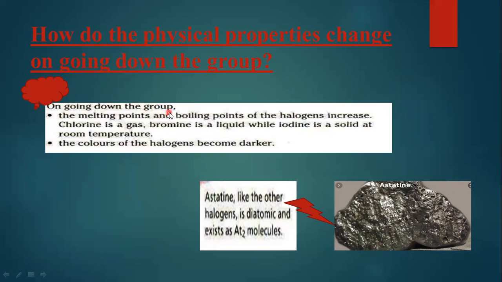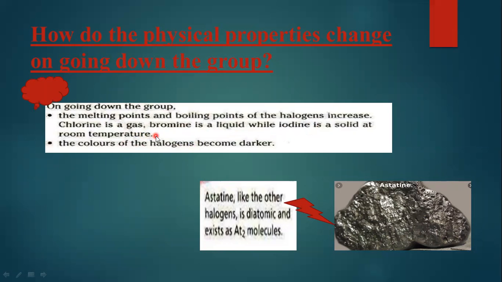On going down the group, the melting and the boiling points of halogens increase. When we move in group 7 from top to bottom, that is from fluorine to astatine, the melting and boiling points increase. So due to this reason, you can see that the first member or the top member, that is fluorine, is a gas, chlorine is also a gas, bromine is liquid, while iodine is a solid at room temperature.